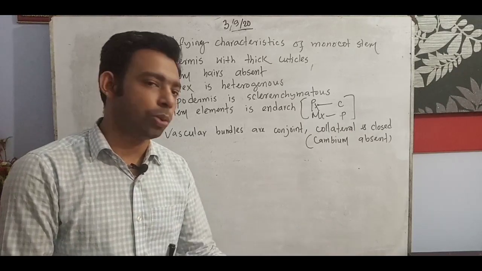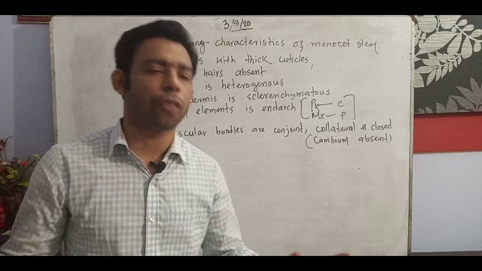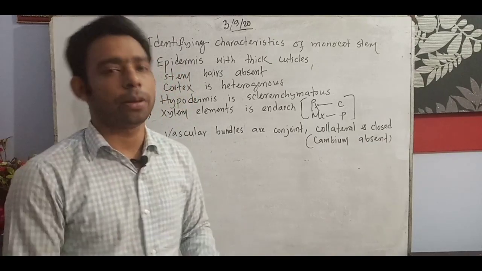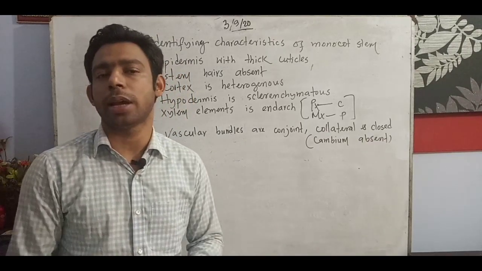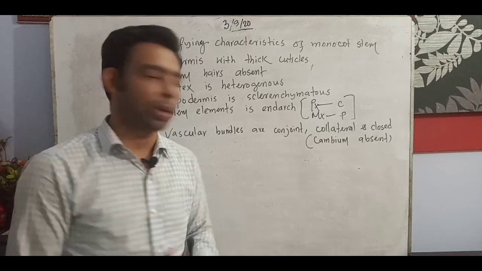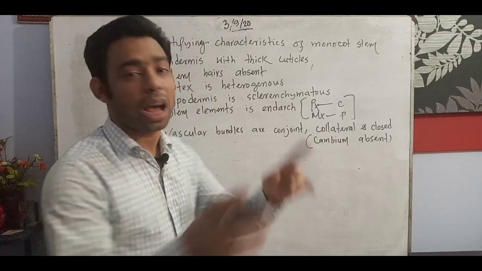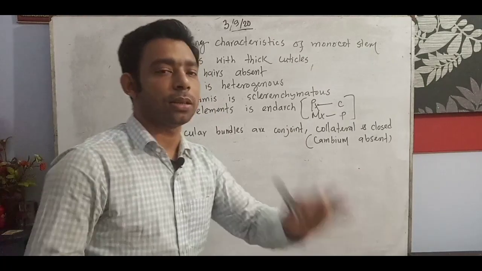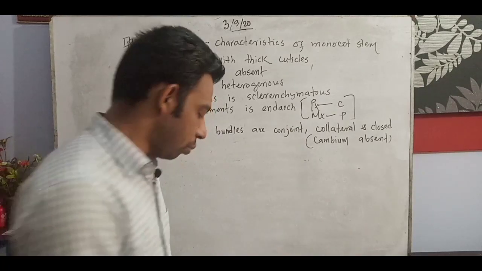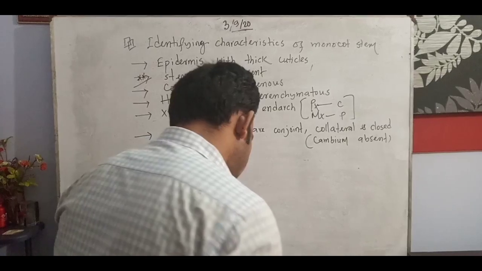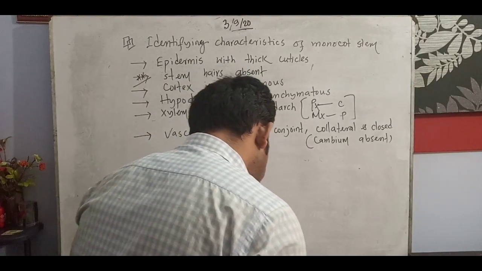Then you can easily understand and remember vascular bundle types. So vascular bundles are conjoined, collateral, closed, and cambium is absent.